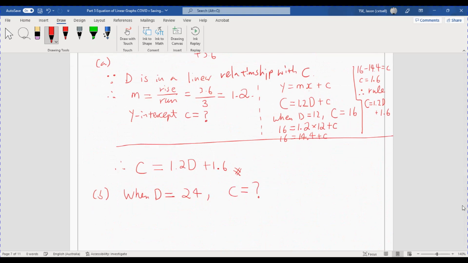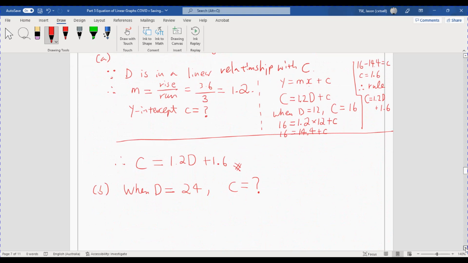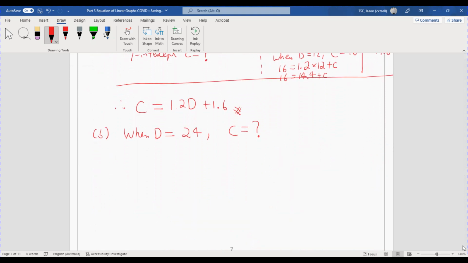What's the C value? Then what I'm going to do is just put 24 here. Use your calculator, okay? And you will get $30.40. That's the answer.